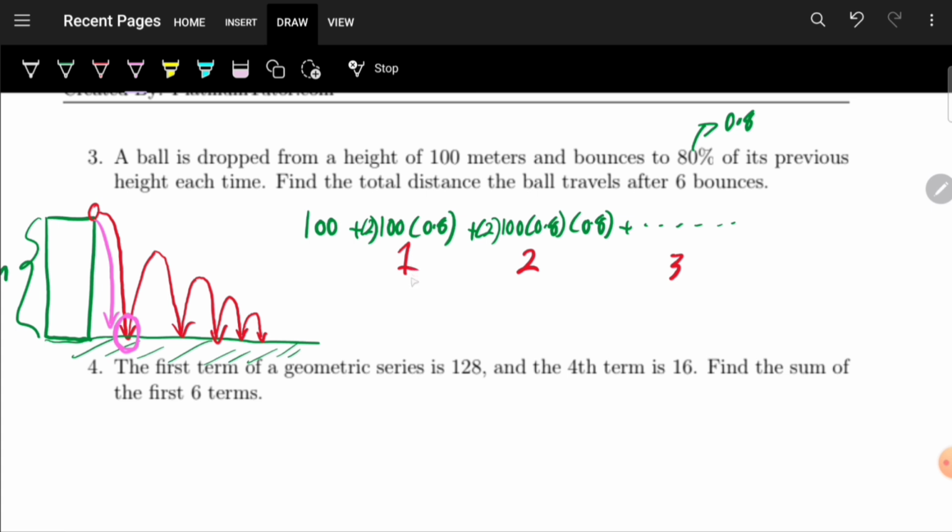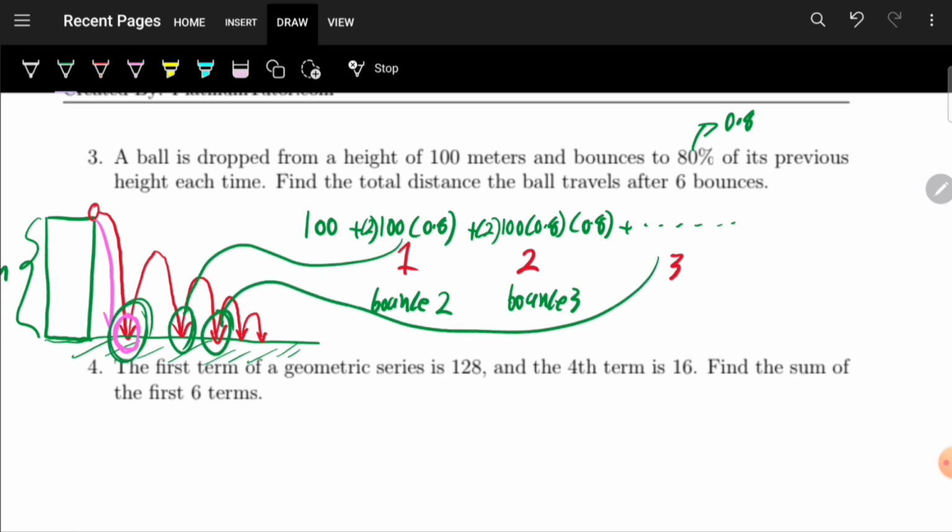Okay, now term 1, like we said, represents bounce 2. I'll write B2. Term 2 represents bounce 3. Because the first bounce was here, this guy's the second bounce, this guy's the third bounce, and so on.